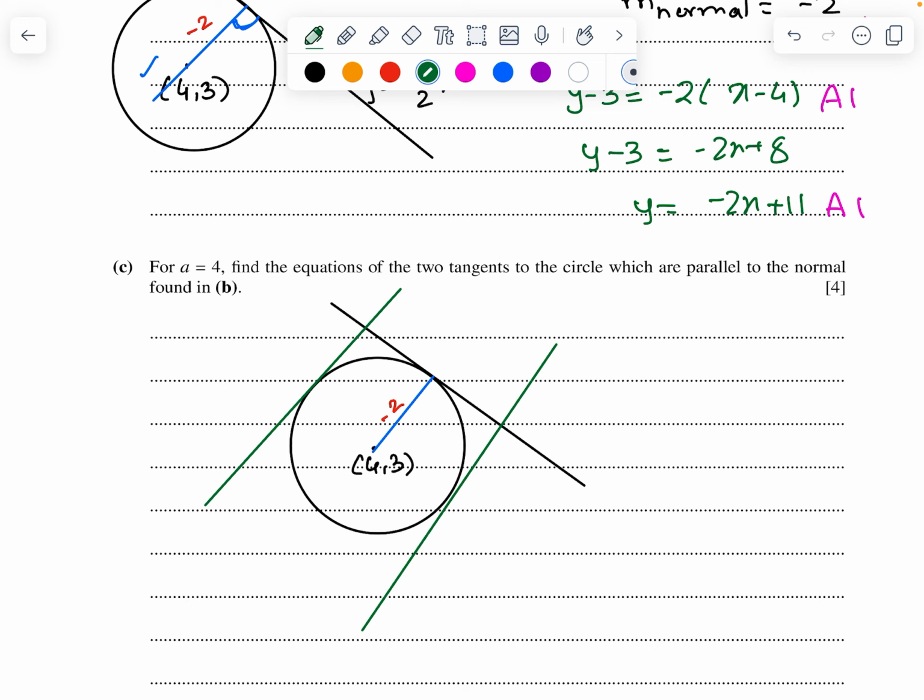For these two also the gradient is negative 2, because parallel lines will have the same gradient. But what should I be doing?